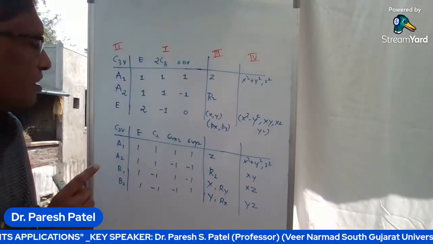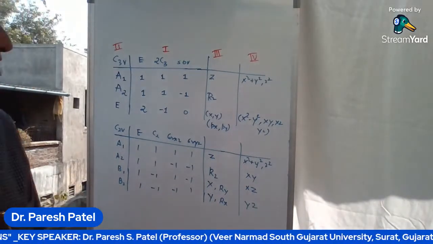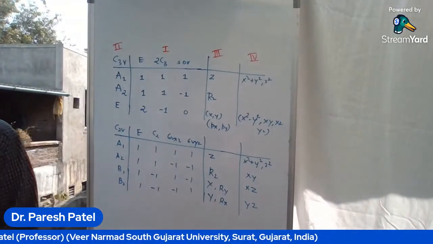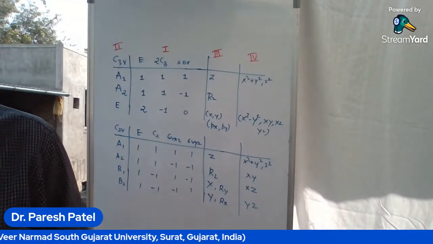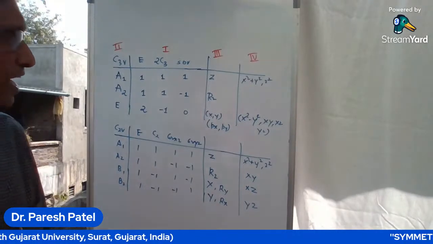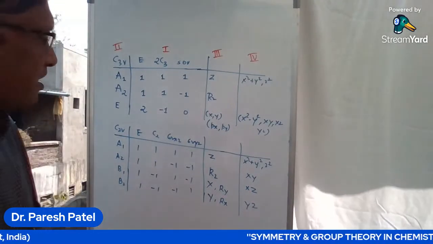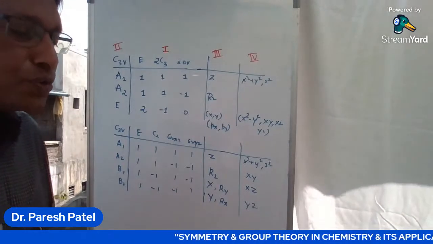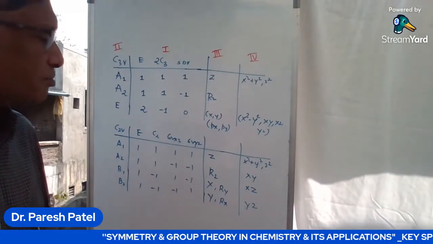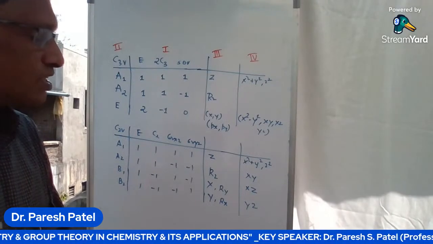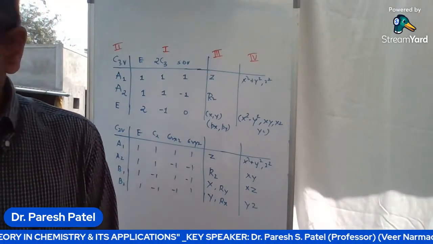If our group consists of sigma h, and the character for that sigma h is equal to +1, then a single prime can be used. It means a1 dash, a2 dash, etc. And if the character for sigma h is equal to -1, then a double prime can be used.